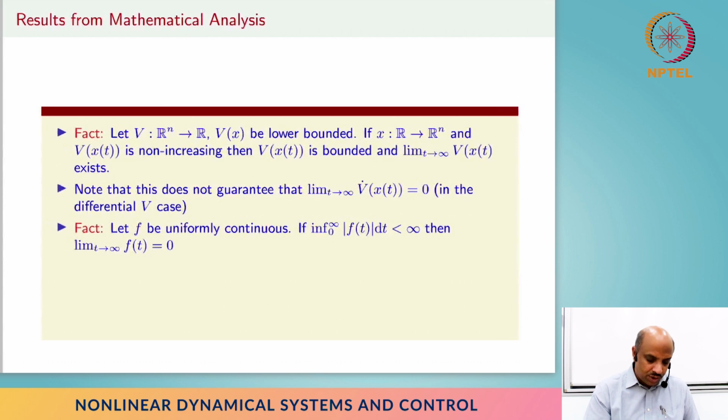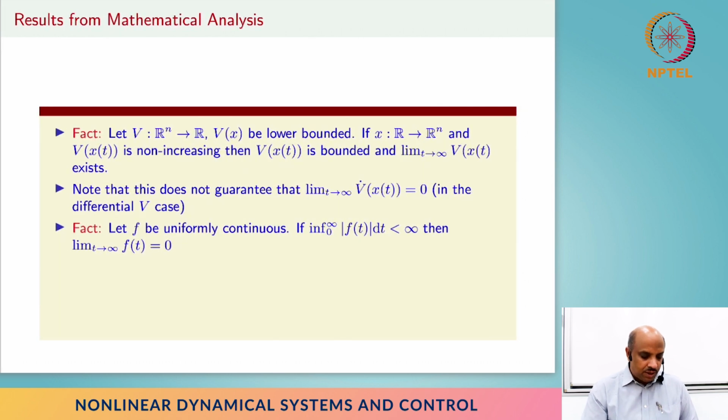Sorry, there's a typo here. This is actually an integral there. So let f be uniformly continuous, right? It's continuous, and in the epsilon-delta definition, the delta part is not going to depend on where we are in terms of checking that continuity. And if the integral of the absolute value of f is less than infinity, then the limit is going to be 0, right?